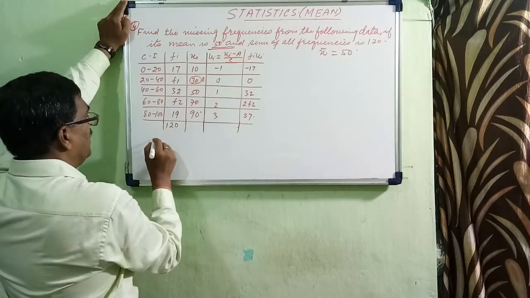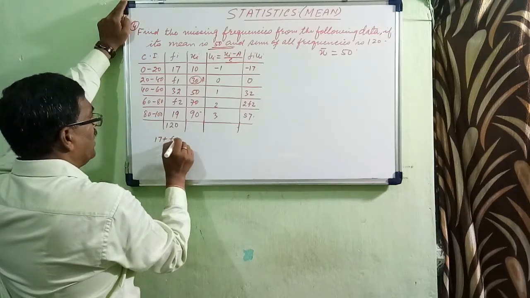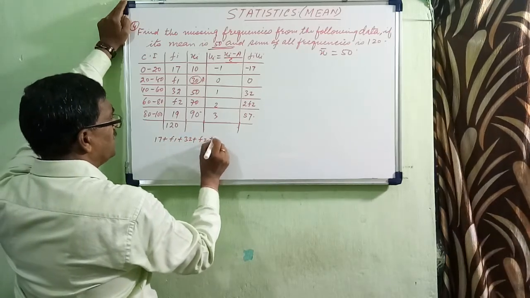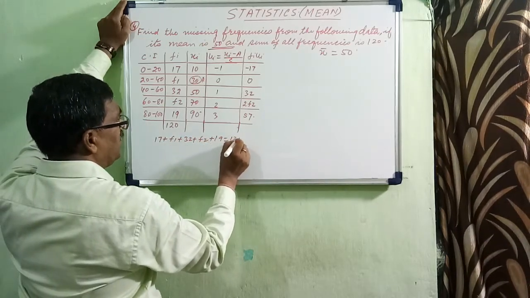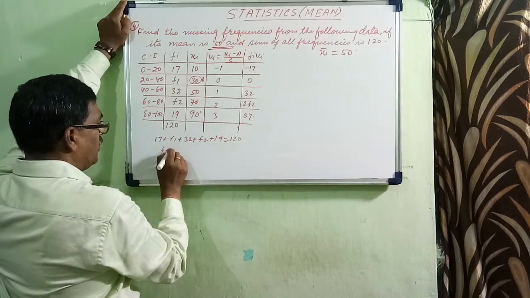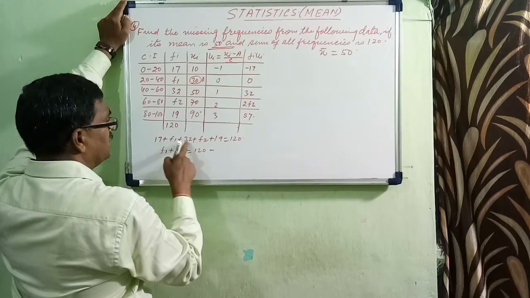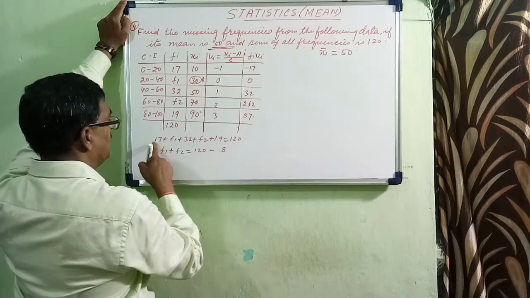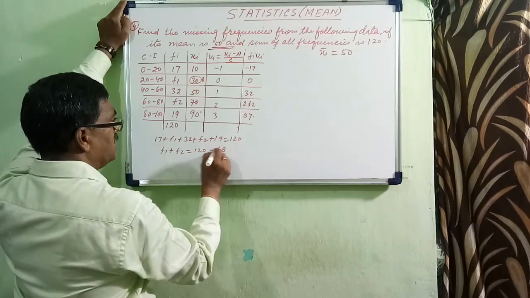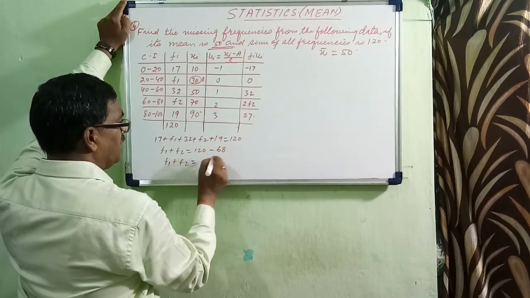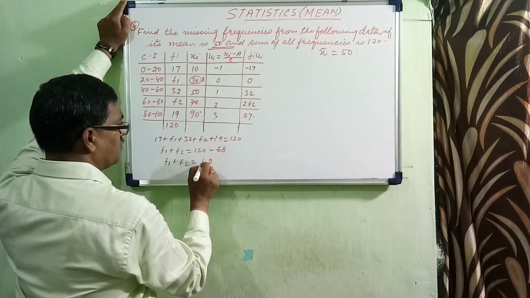One equation: 17 plus F1 plus 32 plus F2 plus 19 is equal to 120. So F1 plus F2 is equal to 120 minus 68, which is 52.